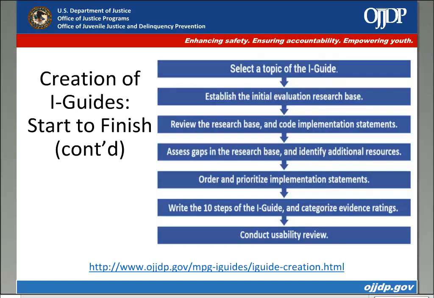And then finally, we send a draft of the completed I-Guide out to a relevant target audience to conduct usability reviews. So for example, the Diversion I-Guide, a draft copy was sent to juvenile justice and court personnel, and Darren was actually one of our reviewers. For the Diversion I-Guide, reviewers were located across the country, including Idaho, Virginia, and New York, and they provide us with really valuable feedback about the I-Guide, which we try to incorporate in the final draft.